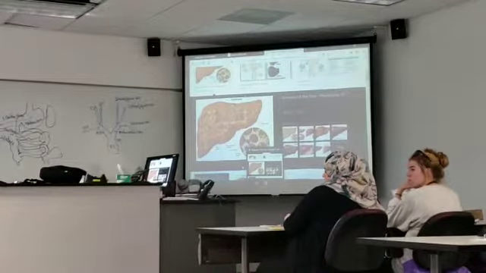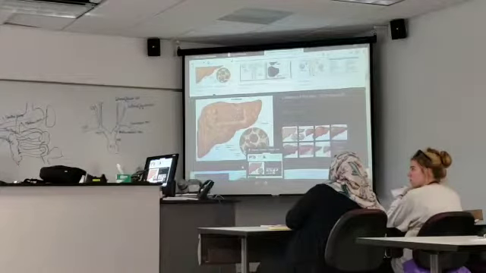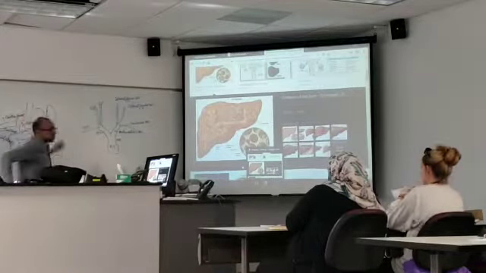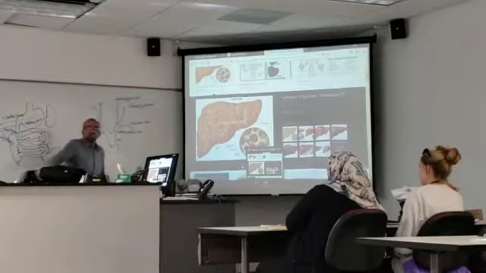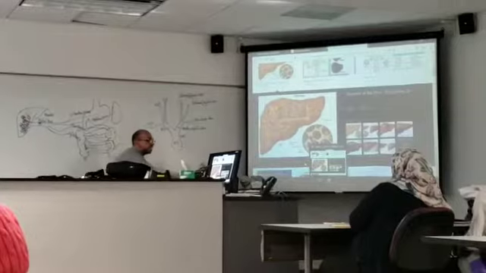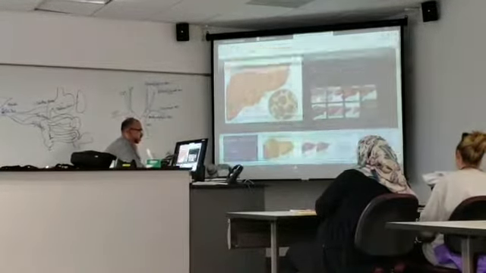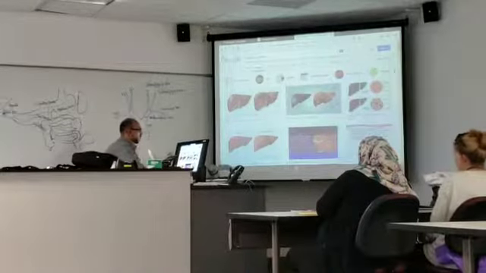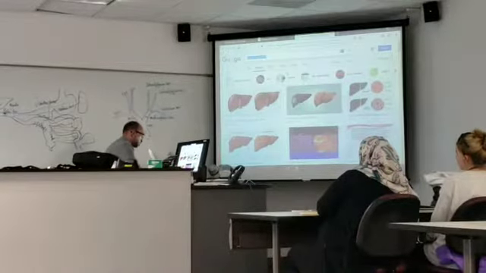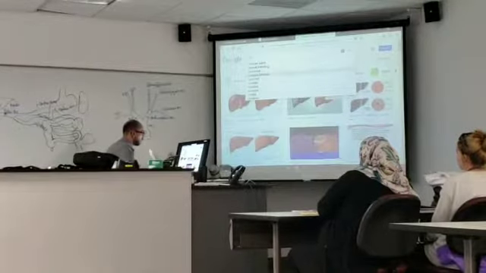All right. So what's going to happen here? To those veins, again, they will be congested. One of the late stages of liver cirrhosis is going to be the development of varices.